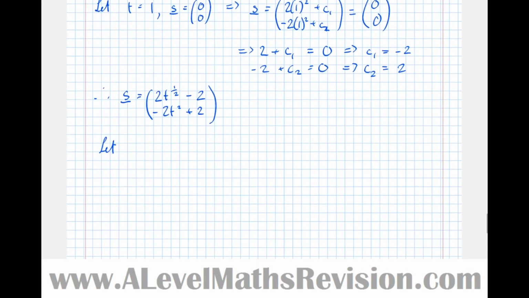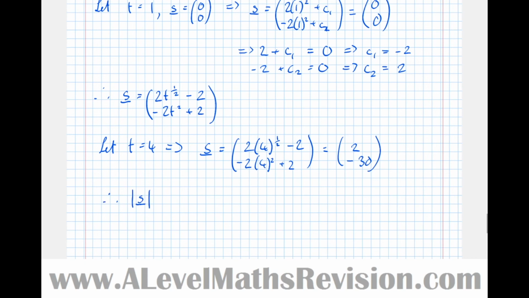So let t equal 4, which means that our displacement vector is 2 lots of 4 to the 1/2, take 2, and minus 2 lots of 4 squared plus 2 equals, well, this top one is 2 times 2, take 2, which is 2. And the bottom is minus 2 times 16, so minus 32 plus 2, which is minus 30.